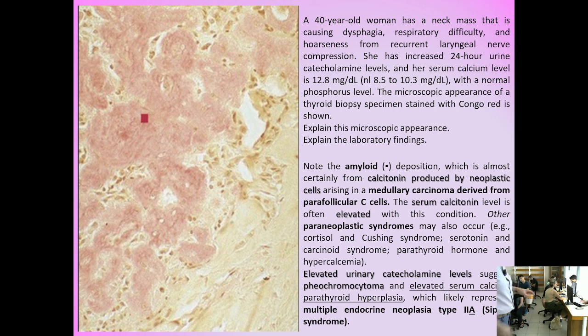Now, the elevated urinary catecholamine levels suggest a tumor deriving from the adrenal gland medulla, such as pheochromocytoma, and elevated serum calcium might come from parathyroid hyperplasia, which might be a component of multiple endocrine neoplasia type 2A. Type 2A is the category in which parathyroid glands participate. Okay? But for the parathyroid gland, it is not considered to be secondary.